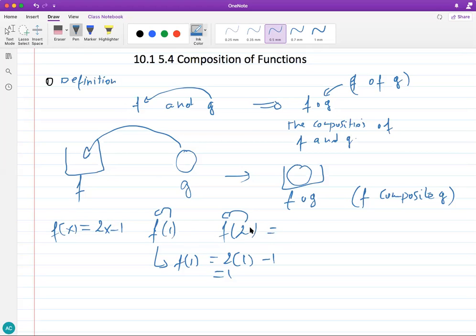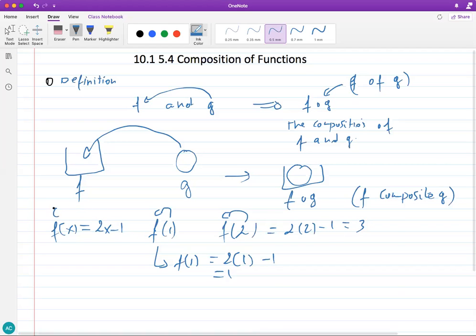Okay, what is f of 2 of this function? Everybody, how do you find f of 2? Two times 2. That's right. So we're going to plug 2 here and here. So it'll be 2 times 2 minus 1, which is 3.